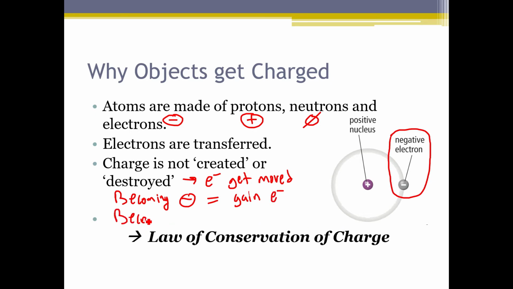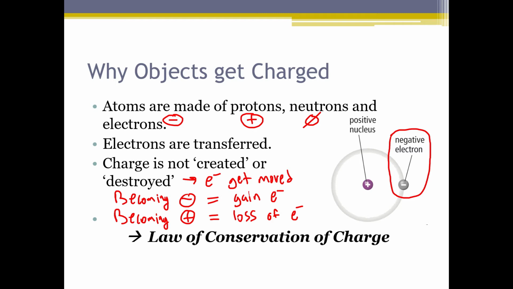Becoming positive equates to a loss of electrons. When atoms become positive ions, they lose electrons, and when atoms become negative ions, they gain electrons. Similarly, a positively charged object has lost a bunch of electrons, and a negatively charged object has gained a bunch of electrons.